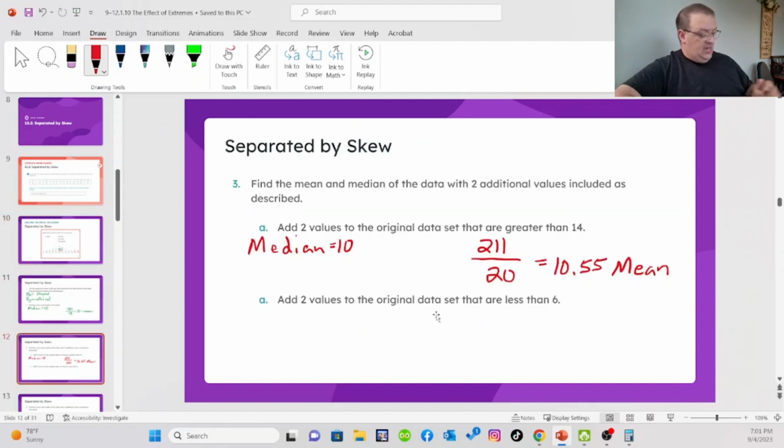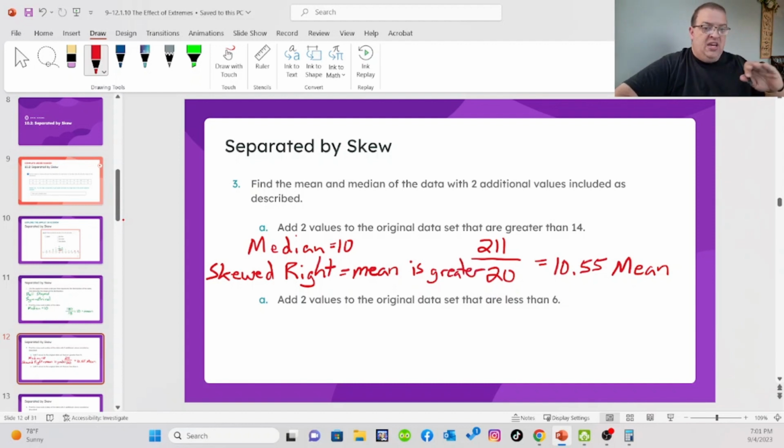So we would say that skewed right means the mean is greater. The mean followed the outliers.